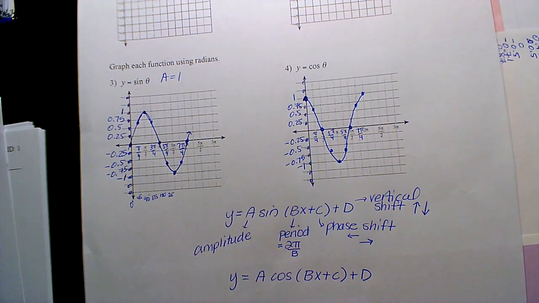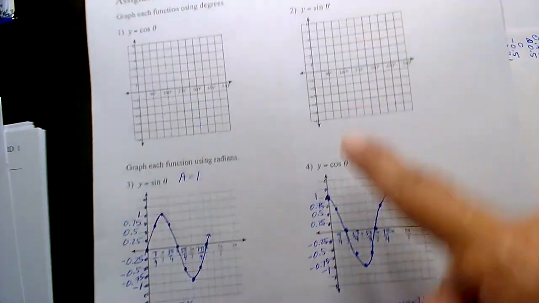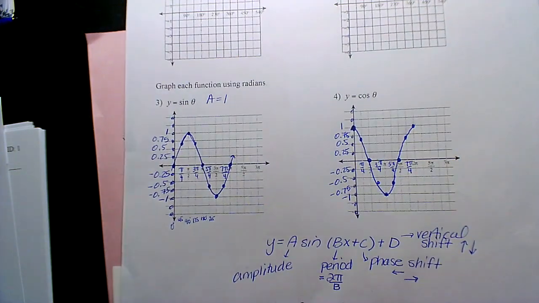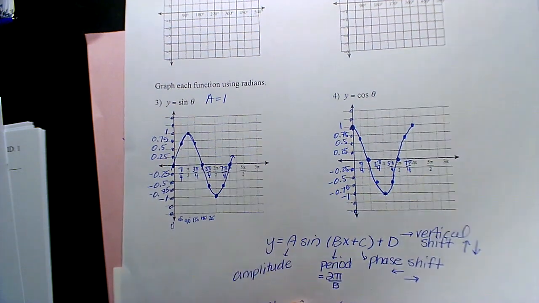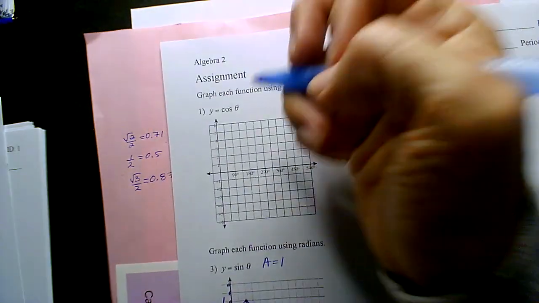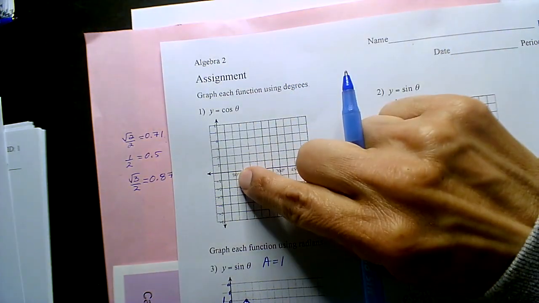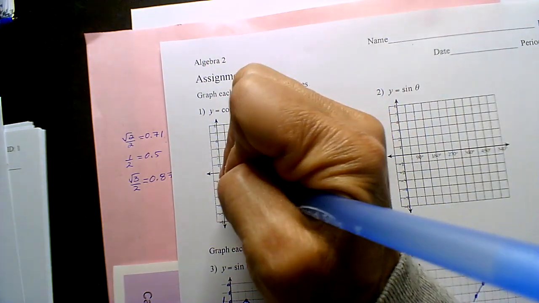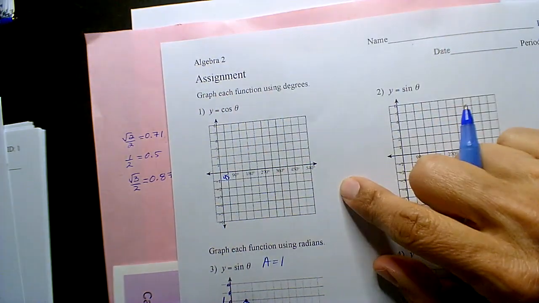Okay, so what you're going to do now is number 3 is equivalent to 2. 4 is equivalent to 1. All it is, is that your x-axis is now in degrees rather than radians. But remember, 45 degrees is at pi over 4. So the same numbers, yes, they're the same y values. So like, granted you have 90, that's equivalent to pi over 2. What's pi over 4? 45 degrees.